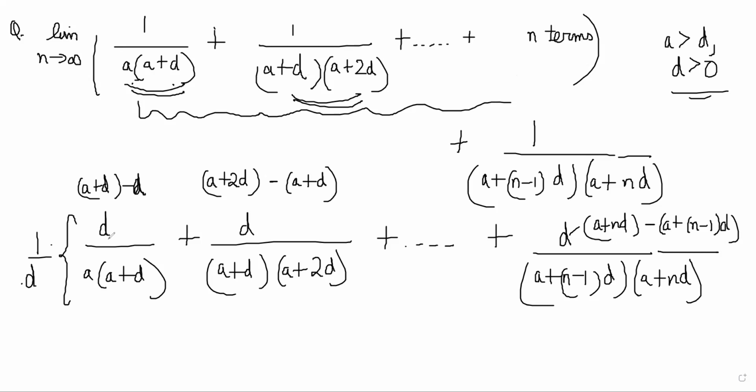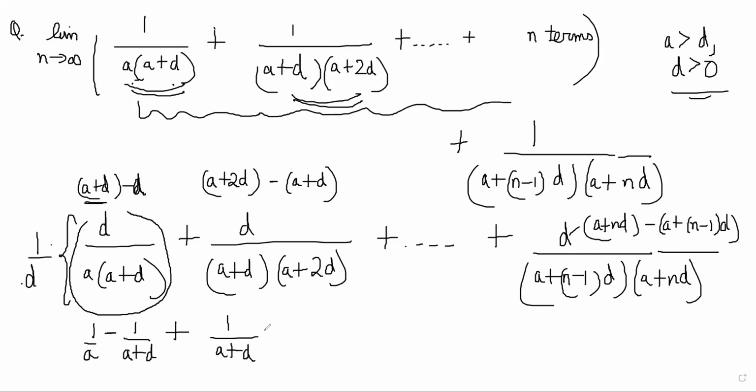So therefore you just need that, and notice what happens. If you write it like this, you can split this one fraction into two fractions. It will be 1 by a minus 1 by a plus d, right? And this will be 1 by a plus d minus 1 by a plus 2d. The next one will be 1 by a plus 2d minus 1 by a plus 3d, and so on.